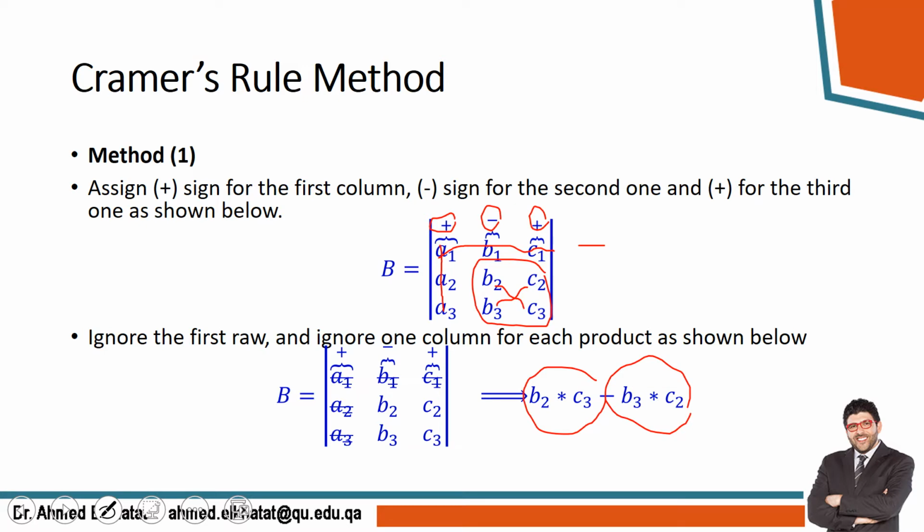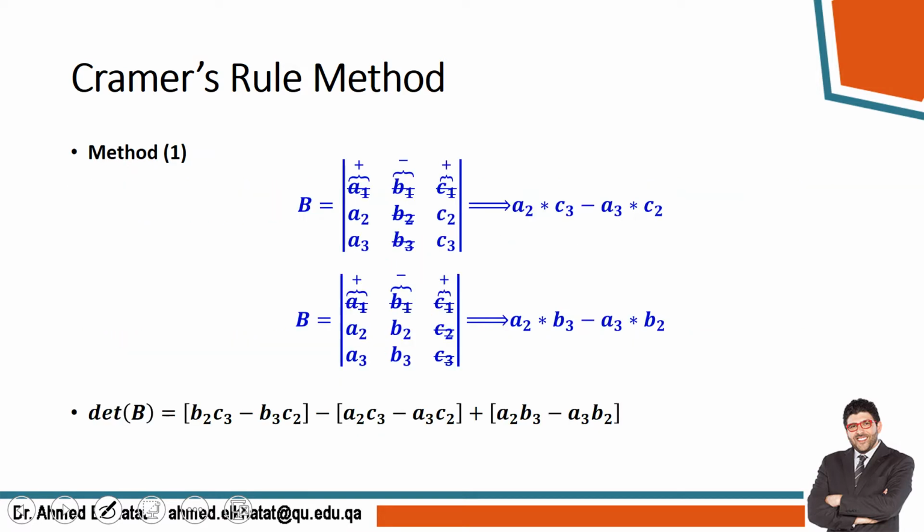Then we go for the second part. For the second part, we cancel the middle column and also the first row. So now it will be A2 times C3 minus A3 times C2. For the last column, we do it like this: A2 times B3 minus A3 times B2.